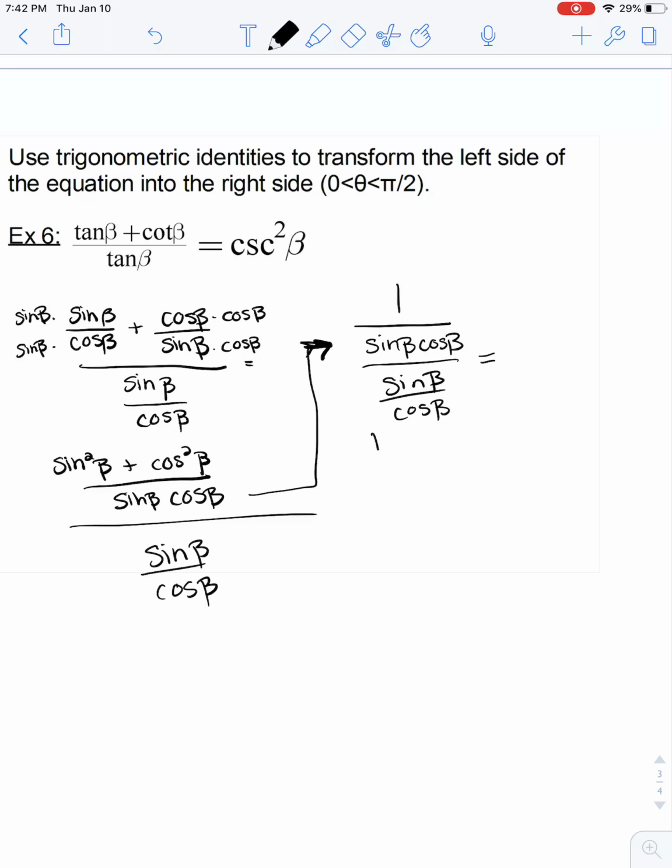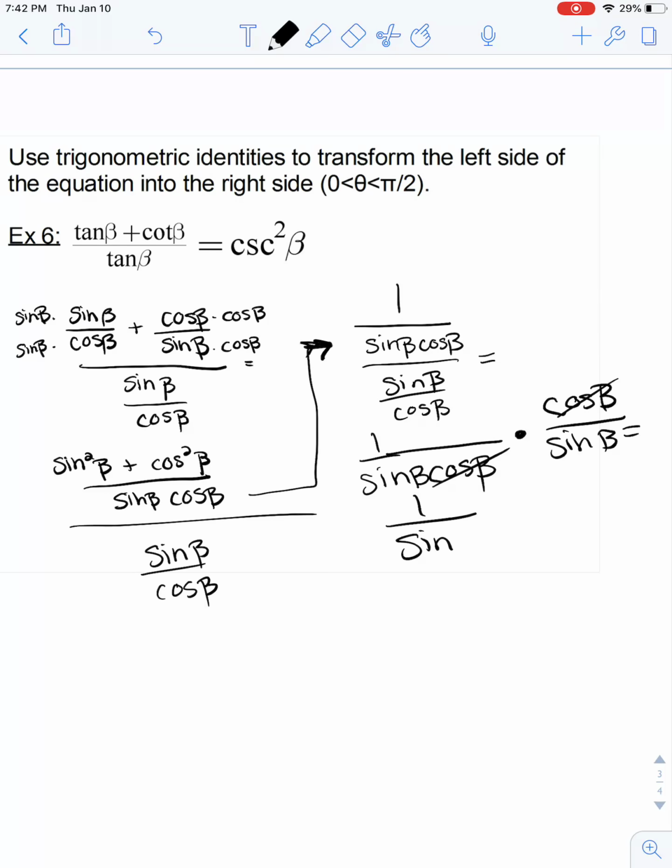I'm going to leave the first fraction alone, change to multiplication, and then flip the second fraction around. So if you notice, my cosines cancel. So I'm left with 1 over sine squared beta, which, lucky for us, equals cosecant squared beta.